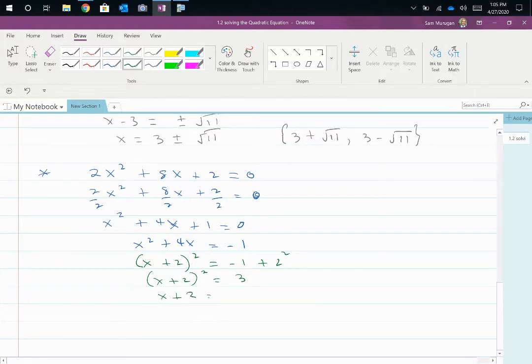This is x plus 2 is equal to plus or minus the square root of 3. And then take away 2 from both sides. We get x is equal to negative 2 plus or minus the square root of 3. So your two solutions are negative 2 plus the square root of 3 and negative 2 minus the square root of 3.